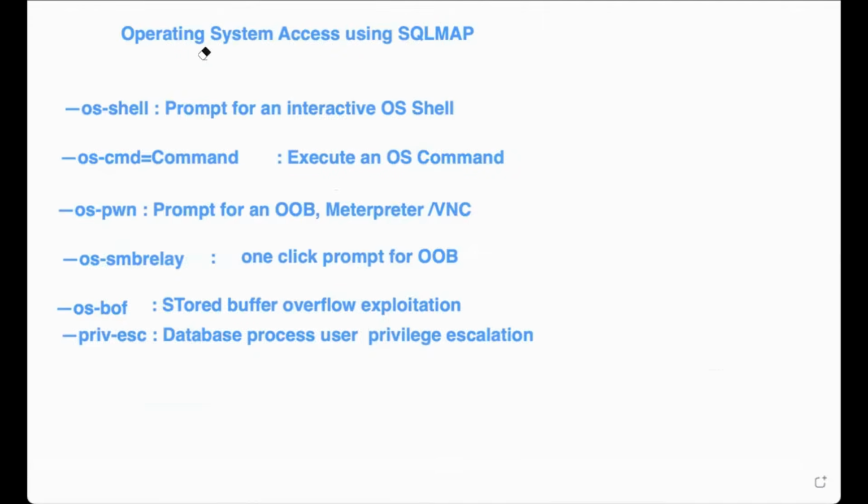The flag is hyphen hyphen tamper, and you have to give a tamper script name. All the tamper scripts are already present in your SQLMap. One tamper script name is space2comment, and we use this script to bypass the firewall or some forbidden access.